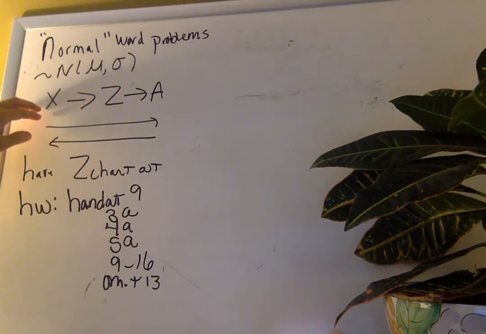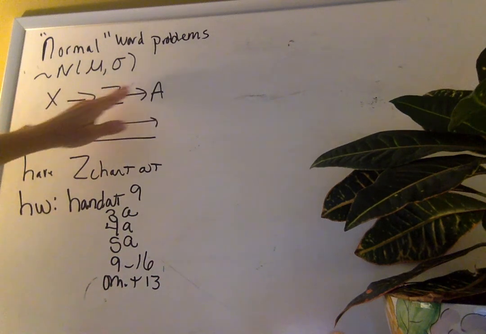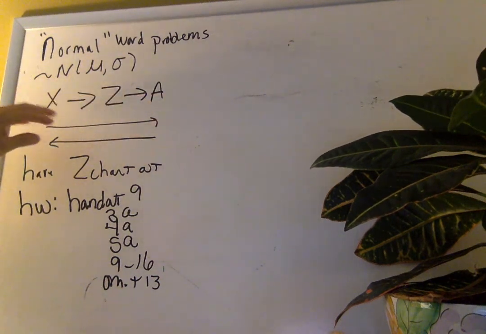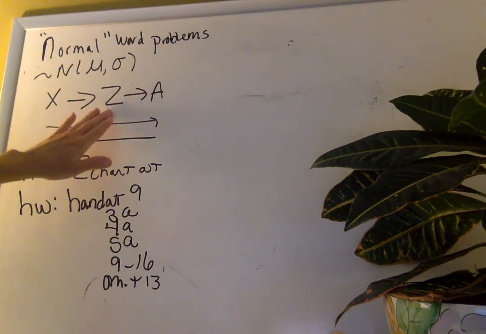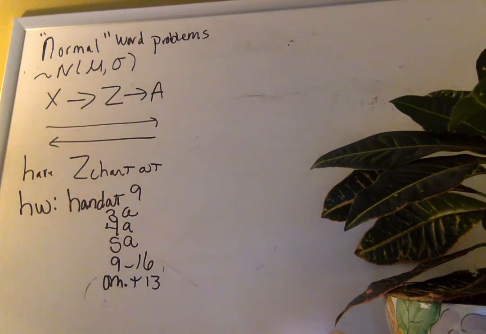On the previous video, I had briefly mentioned this, what I call a little flow chart. X represents the variable, Z is the Z-scores to try to standardize it down. This is the exact same Z-score from test 1, the exact same formula. Then the areas or the probability, we're going forwards and backwards.